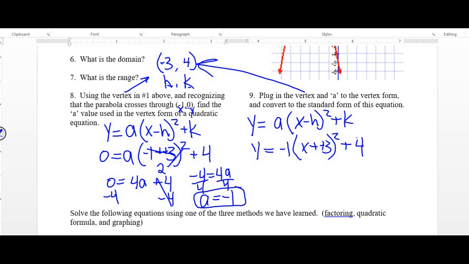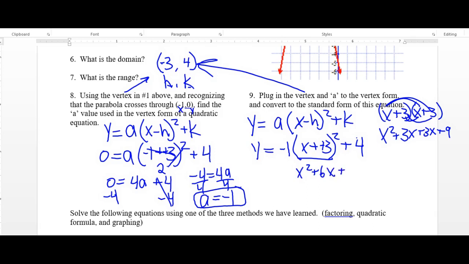The way we simplify all this is by FOILing (x plus 3) squared first. So (x plus 3)(x plus 3) is x squared plus 3x plus 3x plus 9, which gives me x squared plus 6x plus 9.